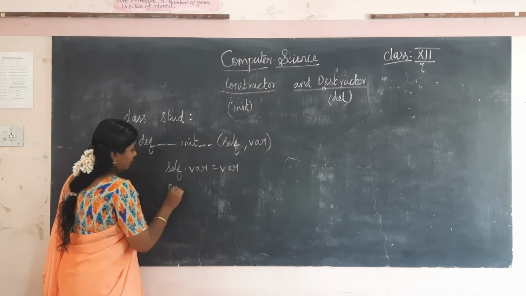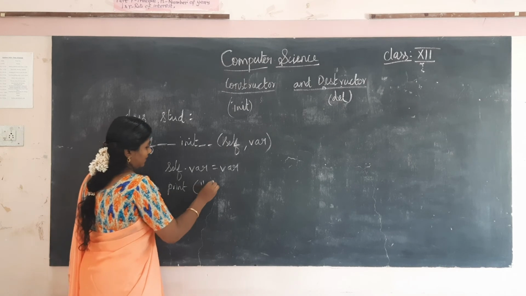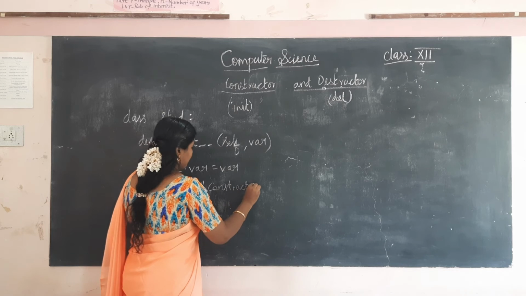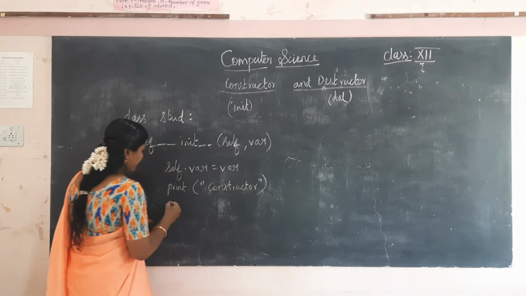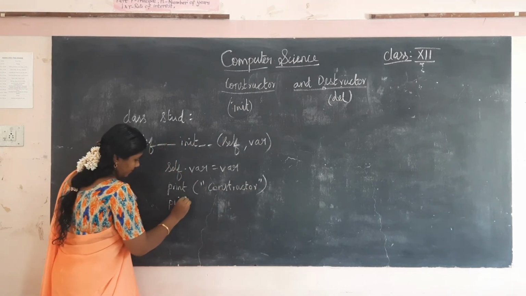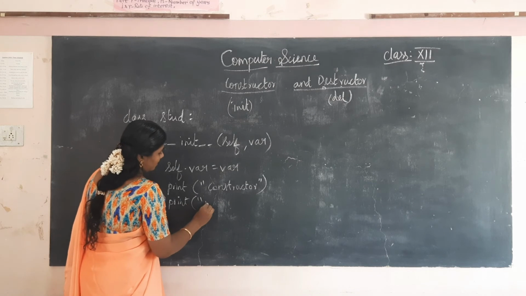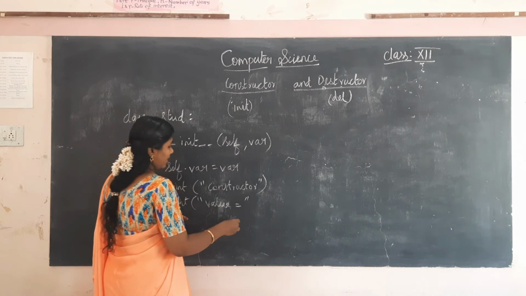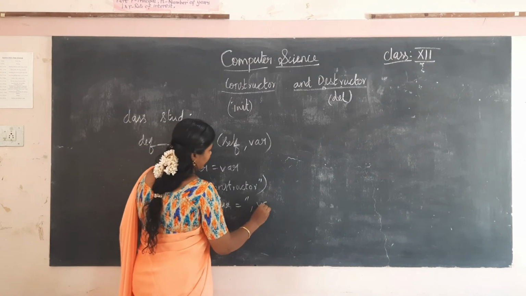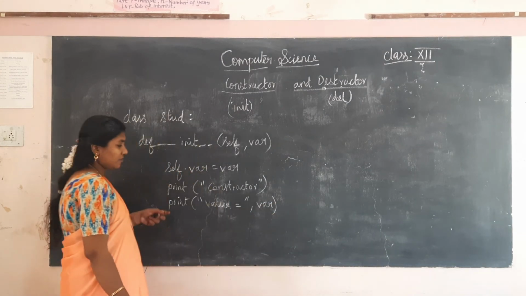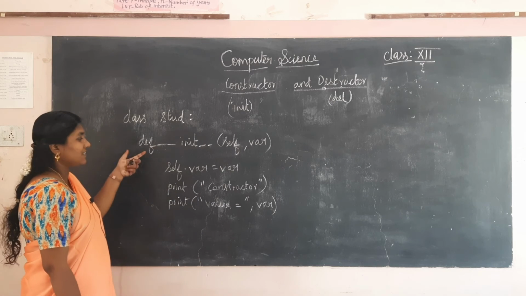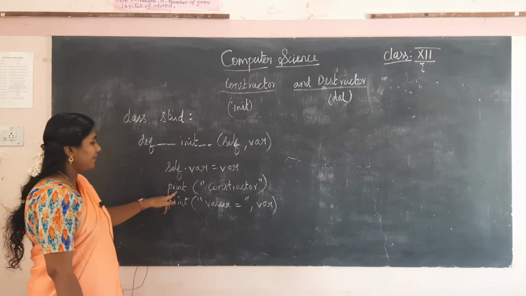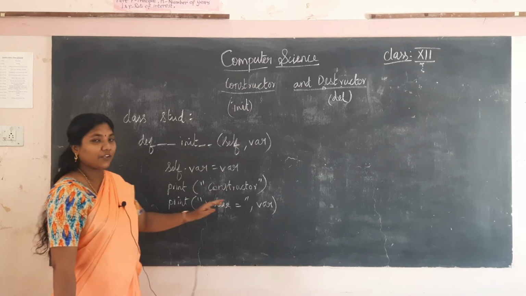Then let me give print constructor, and then print value is equal to comma variable. So I am having 3 statements within the constructor: self.variable is equal to variable, print constructor, and print value is equal to variable.